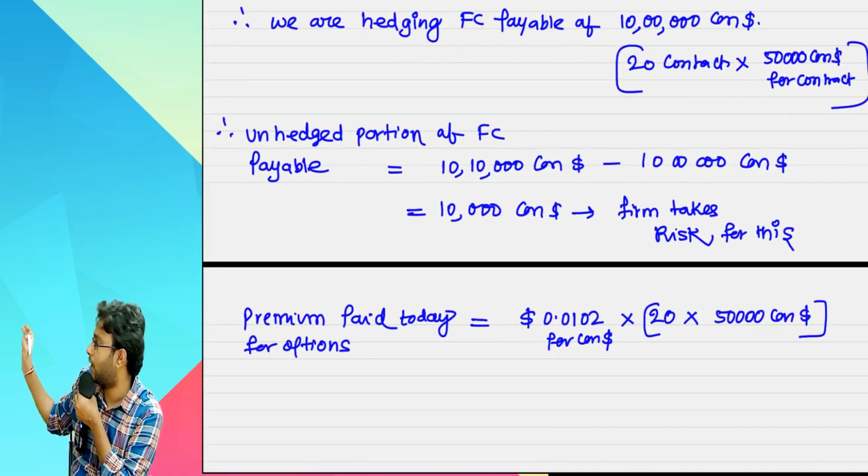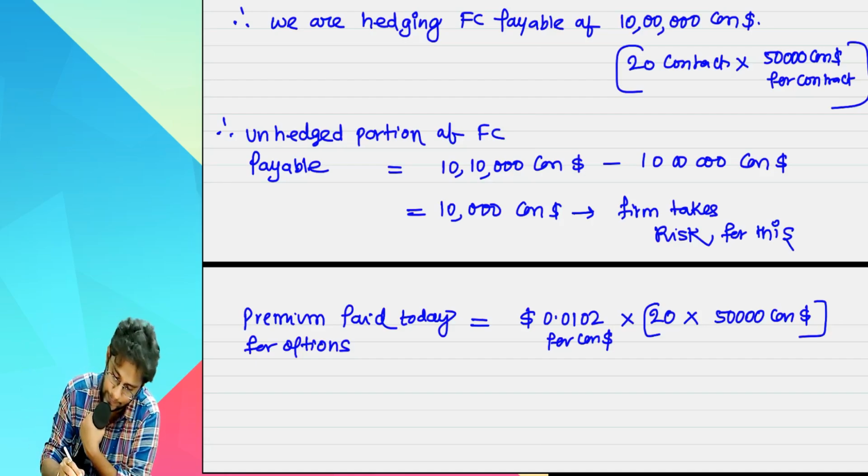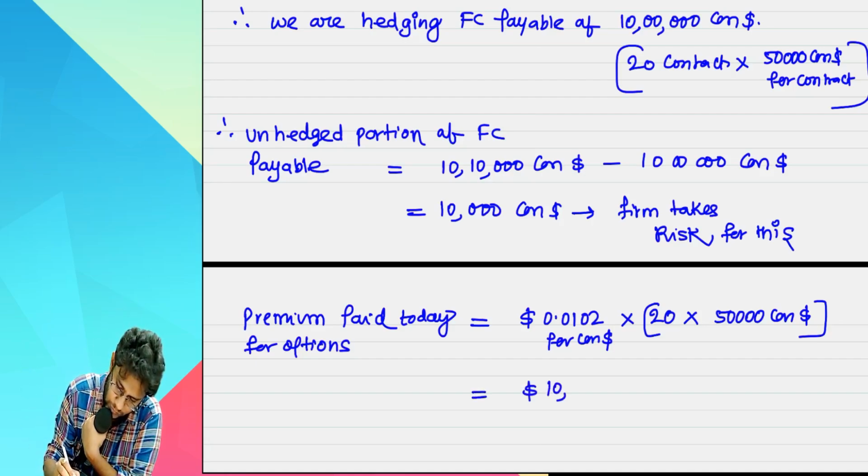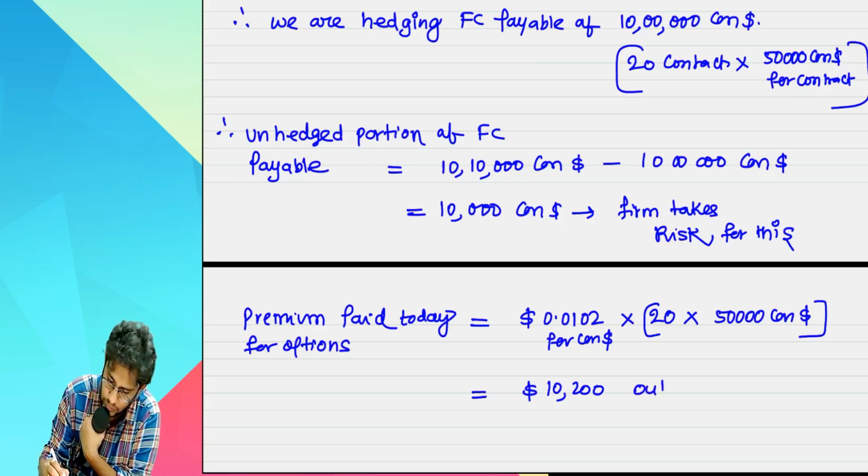So on 10 lakh CAN dollars, this much amount, $10,200. Okay, this is the outflow today.